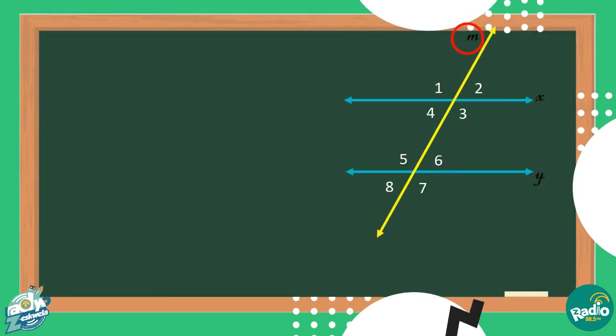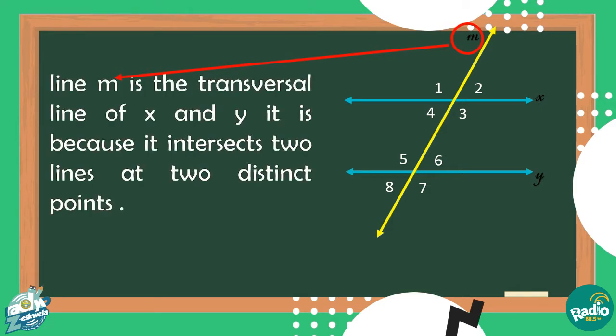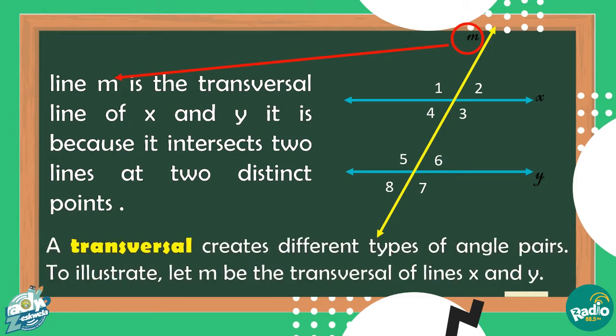On the next figure in the same page of your module, we have line M as the transversal line of line X and line Y. It is because it intersects these two lines at two distinct points.